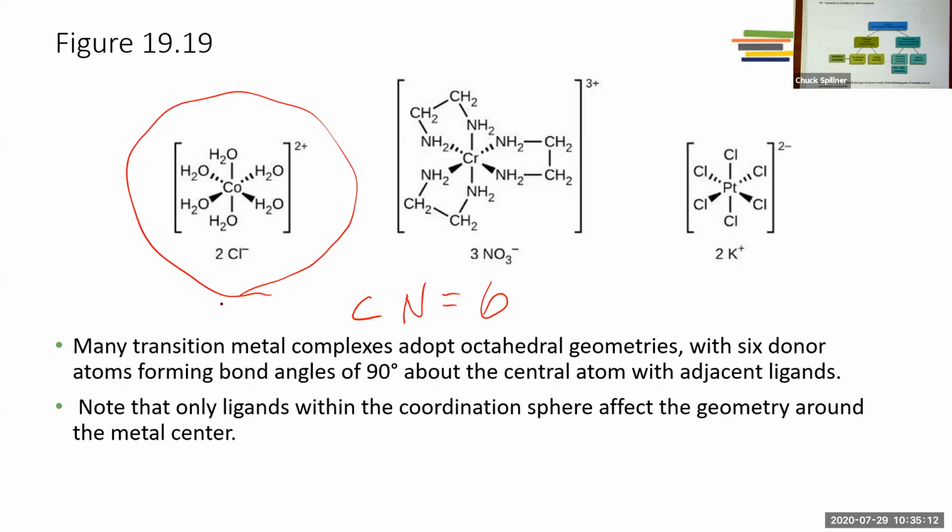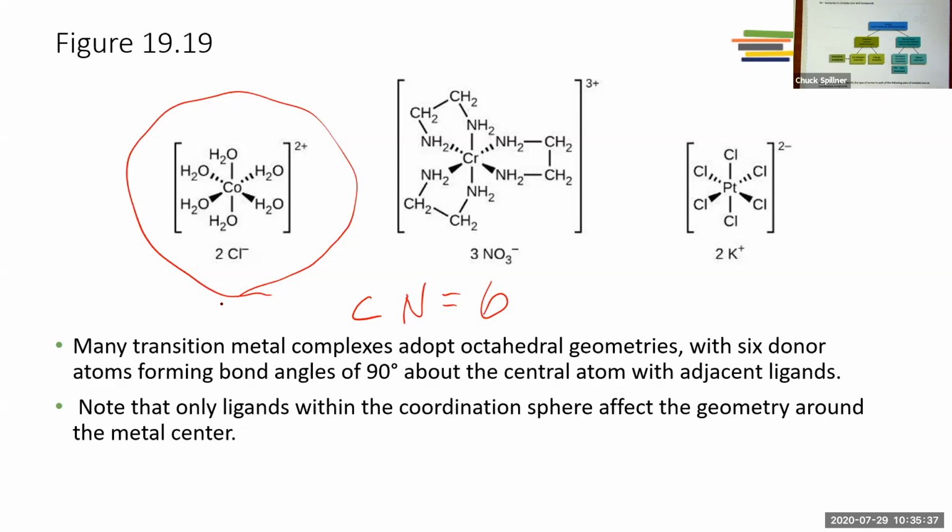The shape is only determined by the ligands attached to the transition metal, the species within the coordination sphere. Remember I told you the coordination sphere is within these brackets. So the shape is only determined by what's within the coordination sphere.